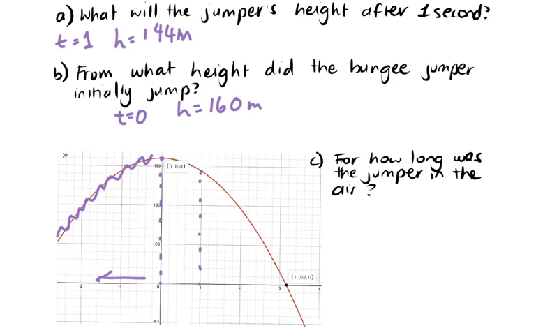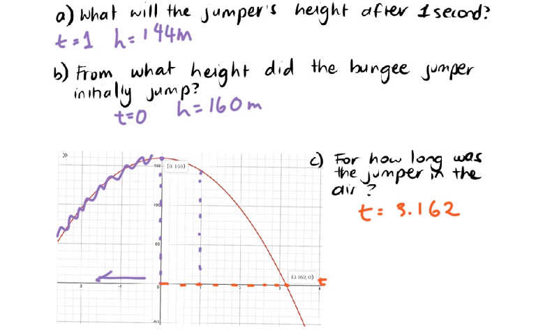C, how long was the jumper in the air for? That means, for how long a time did he stay in the air? If we have a look at our graph, we want to see where the graph intersects with the t-axis. So if we go along here, where h equals 0, we can see that t equals 3.162.